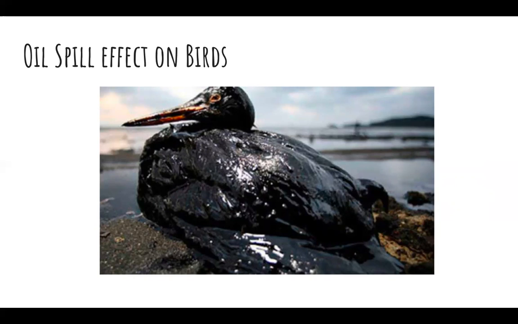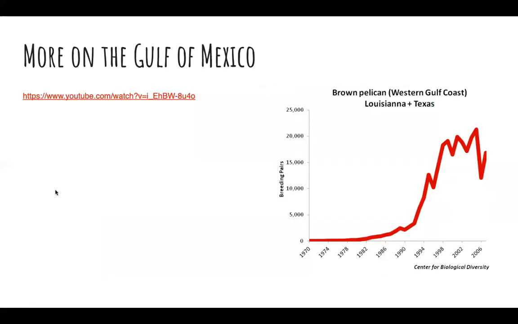Next slide, please. We're going to focus more on the Gulf of Mexico. I have a video about the population of brown pelicans and how it has recovered since the 1970s, when they became an endangered species and the government began protecting it and trying to increase its population.